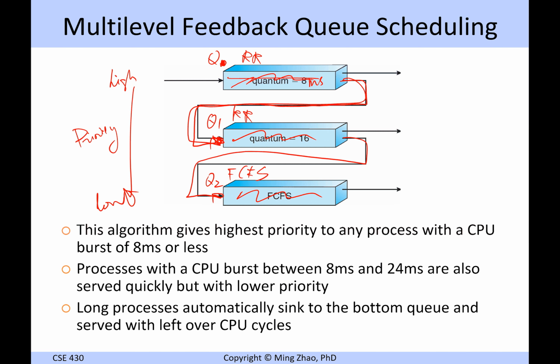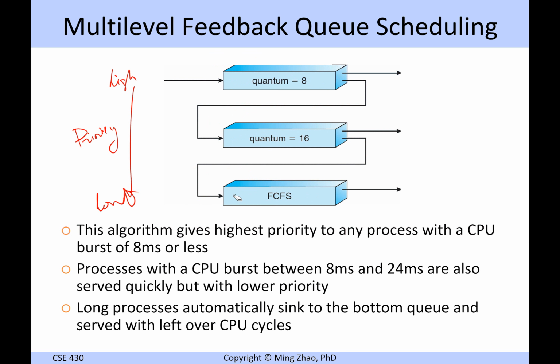So as the process changes behavior, it moves from the high interactivity queue to a low interactivity queue, and even to a non-interactive background queue. As it moves down, its priority also gets decreased.